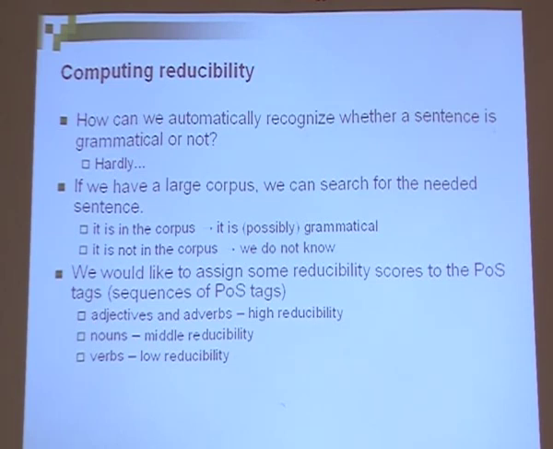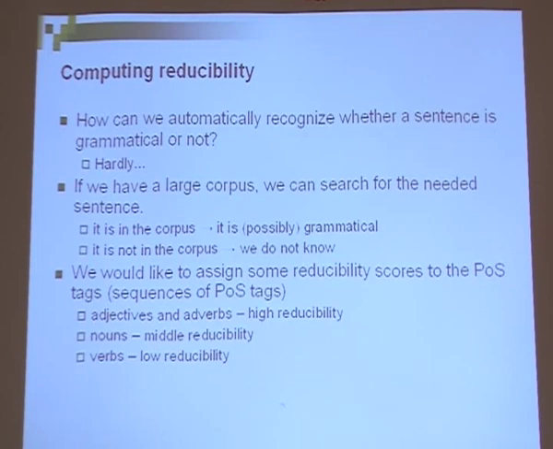But if we have a very large corpus, I mean large enough, we can search for the needed sentences. So, if I have a sentence in the treebank, I like yellow bananas, and I want to know whether the word yellow is reducible, I can try to search for the sentence I like bananas, whether it is in the treebank, in the corpus.